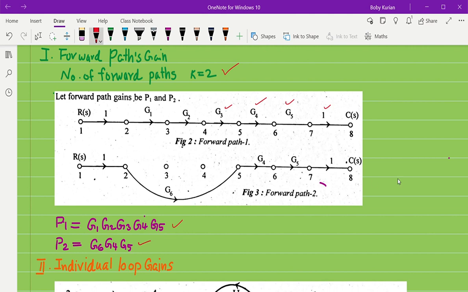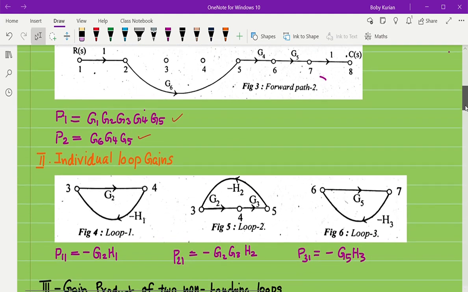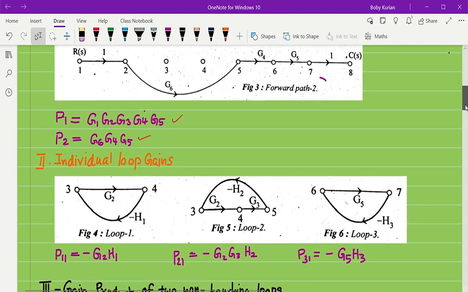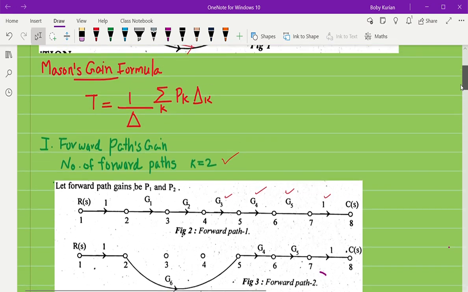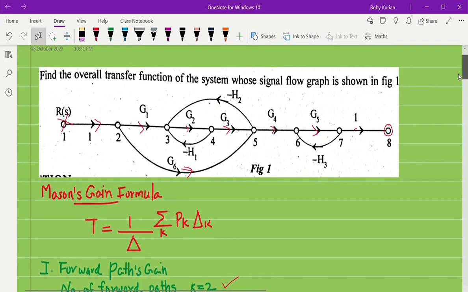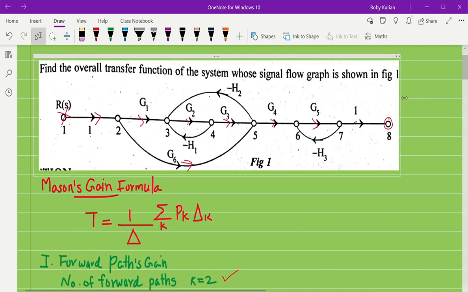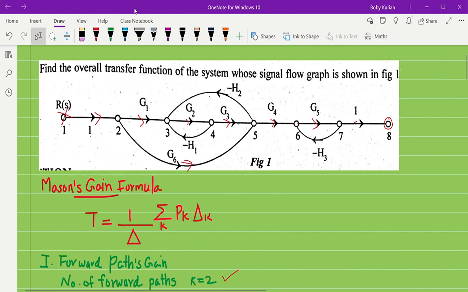Now we have to find the individual loops and the individual loop gains. So how many loops are here? Once again we have to check the signal flow graph and find the loops.